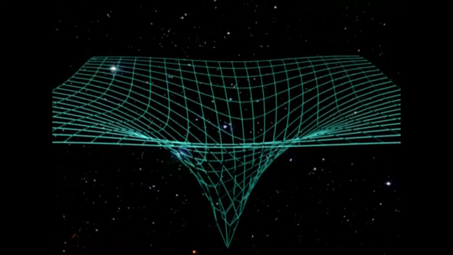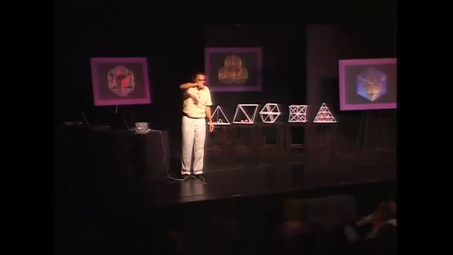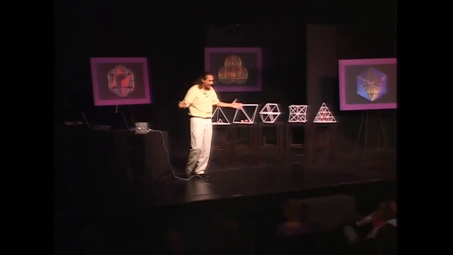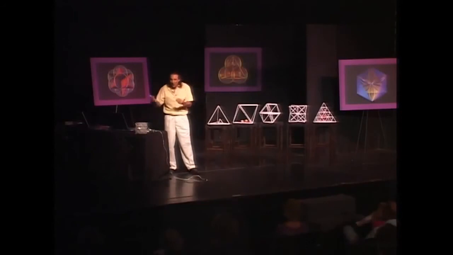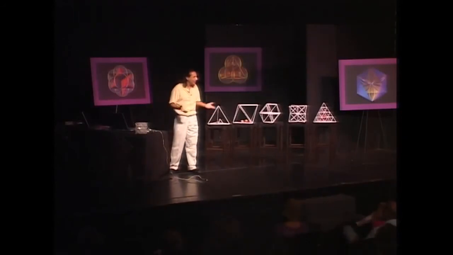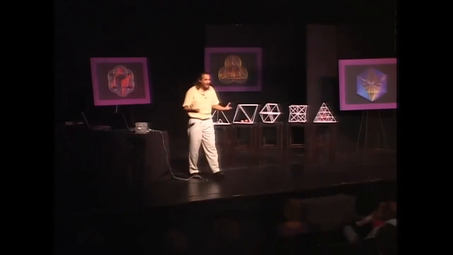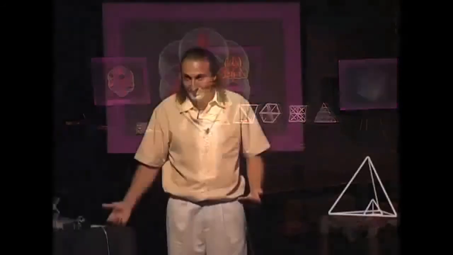And that generates spin, angular momentum. And that's the source of the spin of all things. And that is an appropriate way to actually describe the physics of angular momentum in the universe.